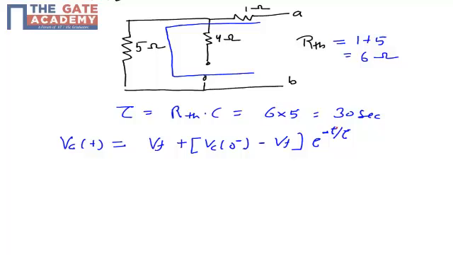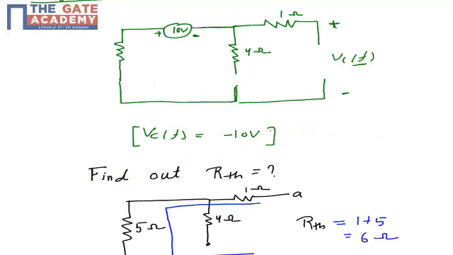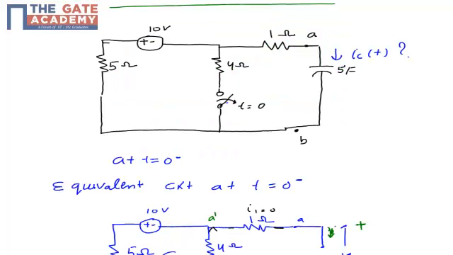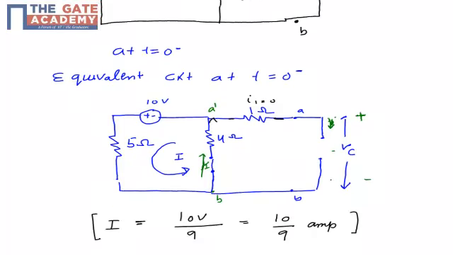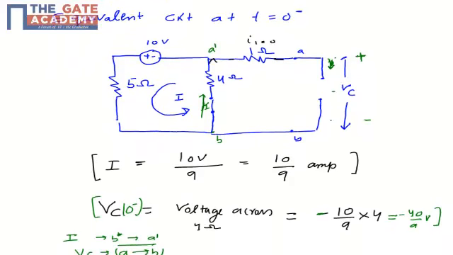From the circuit we know that the final value of my capacitor is minus 10 volt, and from earlier we have calculated VC0 minus, which is equal to minus 40 by 9.